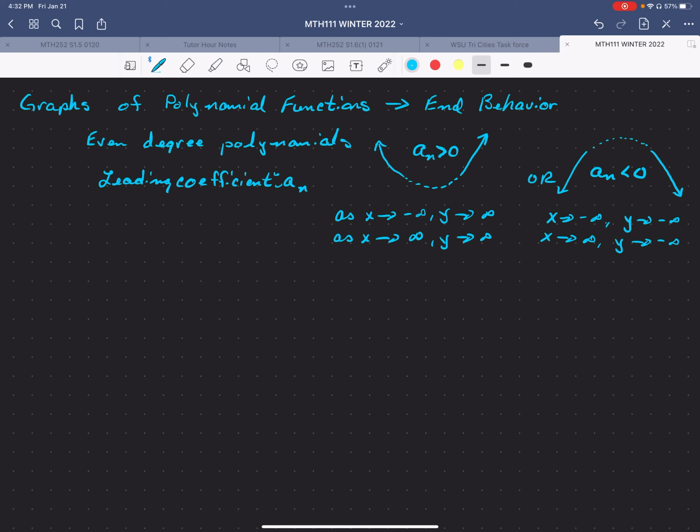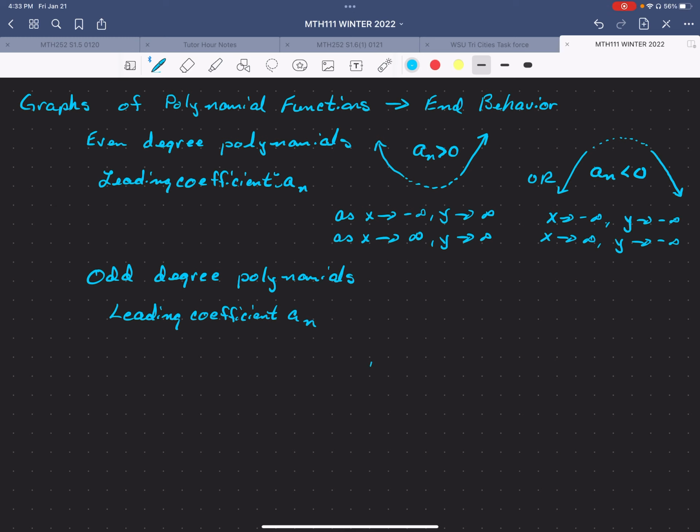Now let's talk about odd degree polynomials. All odd degree polynomials with leading coefficients a sub n are going to look like that x to the third.